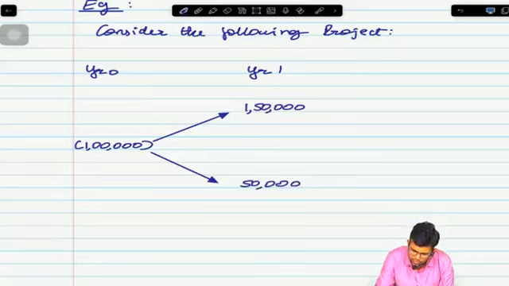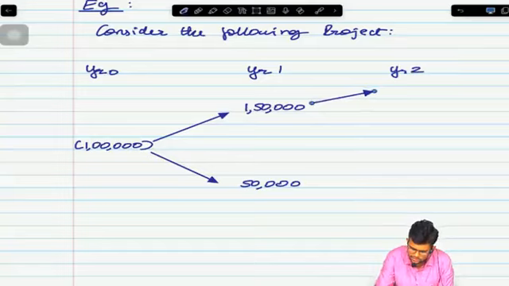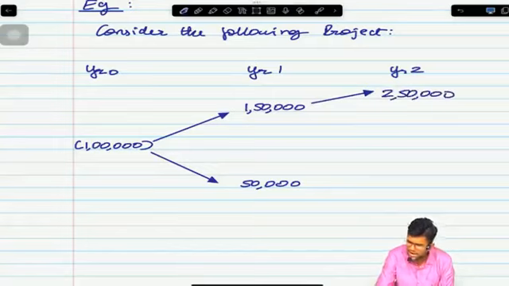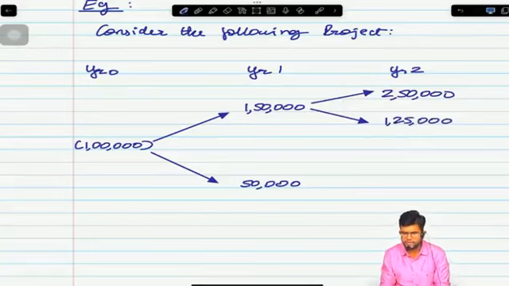In year two, this can grow to either 2 lakh 50 or let's say 2 lakhs. I'm putting random numbers. Or this can grow to 1,25,000. Are you there with me till here?